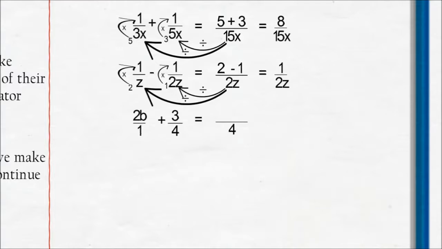So 4 divided by 1, we have 4. 4 multiplied by 2b would give us 8b. 4 divided by 4 would give us 1. 1 multiplied by 3, and we have 3. Alright, so we have 8b plus 3 over 4. Now we cannot simplify 8b plus 3 further. So our answer remains 8b plus 3 over 4.